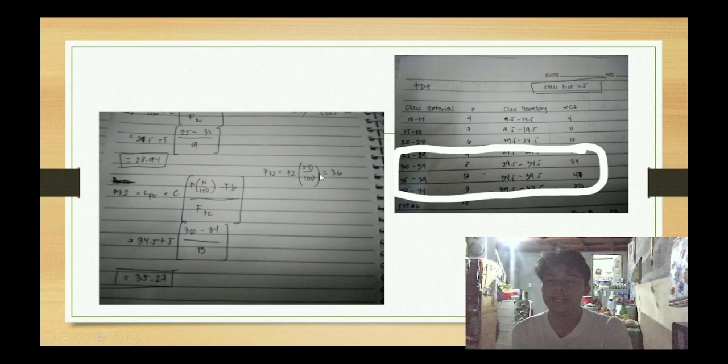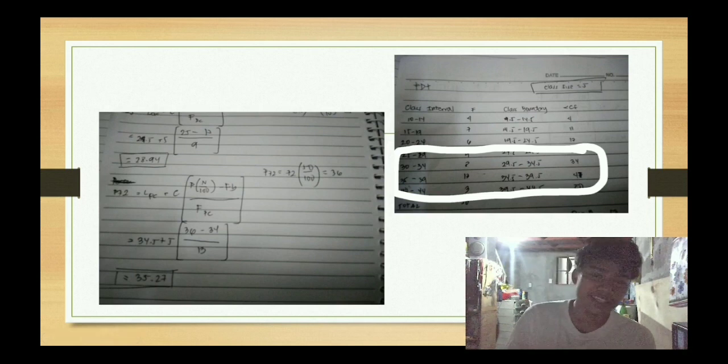Kahit naman po, like, 72 divided by 100, which means it's gonna be 0.72 times 50, it's gonna be 36.